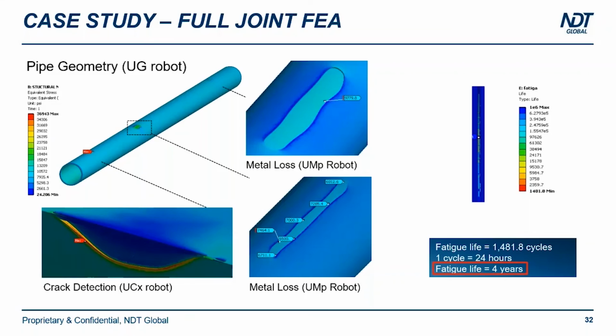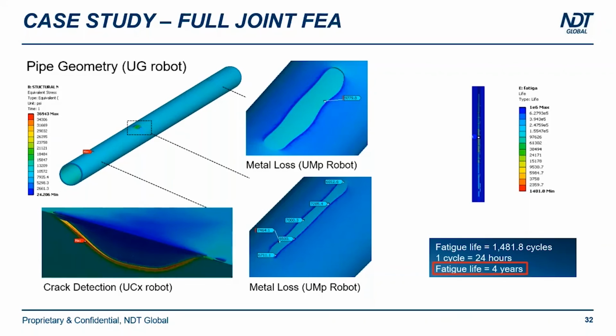And the last step in the modeling is to include the crack-like anomaly. In this case, the profile was measured by the UC robot. We use these values to create the geometry of the crack model inside the principal model.